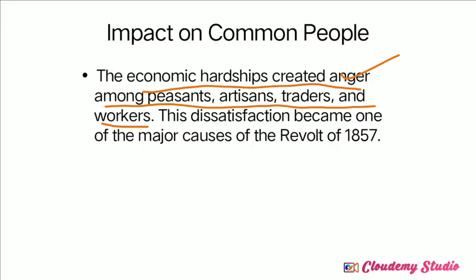When they got angry, peasants, artisans and different sections of Indian society started to raise their voice against the Britishers. That became a cause of the revolt of 1857. So the policies that decreased the economic and financial condition of Indians are called the economic causes for the revolt of 1857.